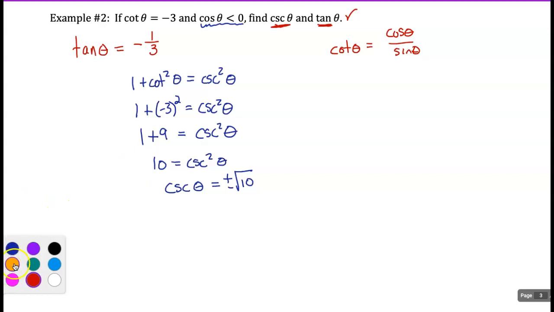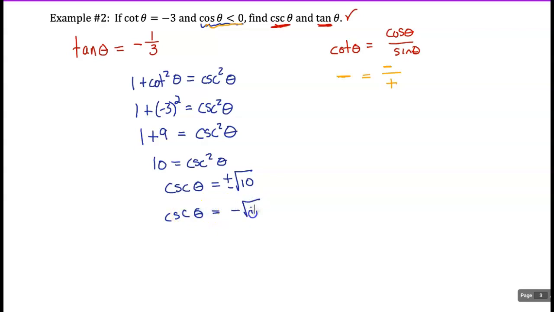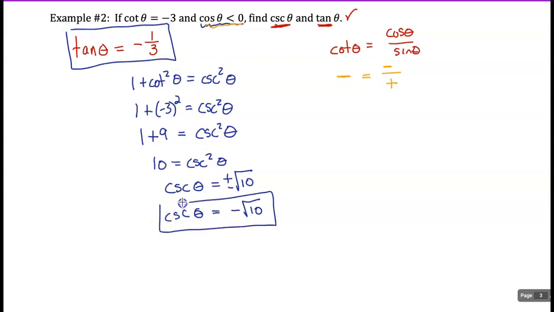From this inequality, I know that my cosine is negative, so my sine would have to be positive, so that when I do a negative divided by a positive, I get a negative. So that gives me that the cosecant is -√10. So we did what they asked.